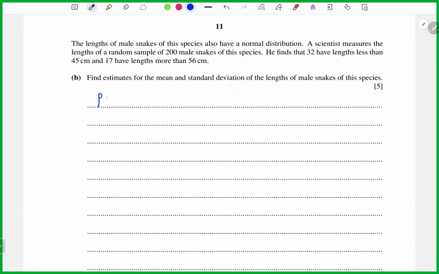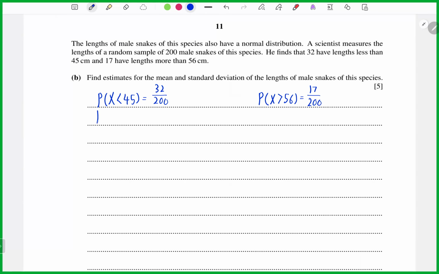So this is probability, right? When x is less than 45, you can take the probability 32 over 200 here. And for the other, when x is more than 56, 17 over 200.